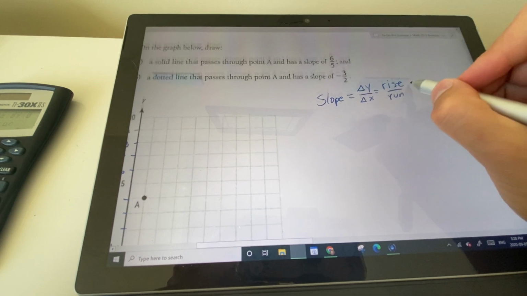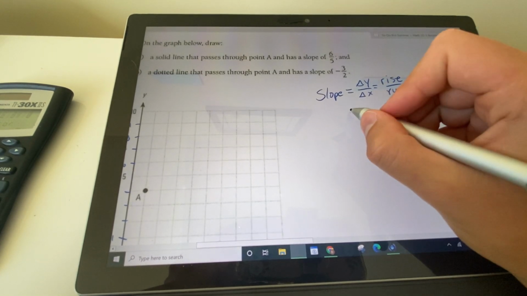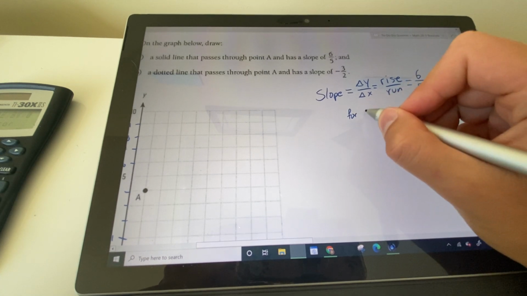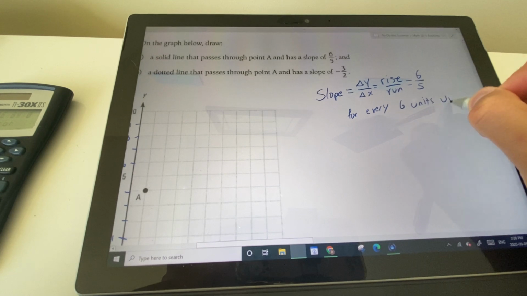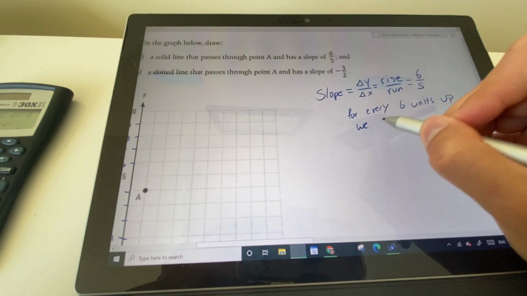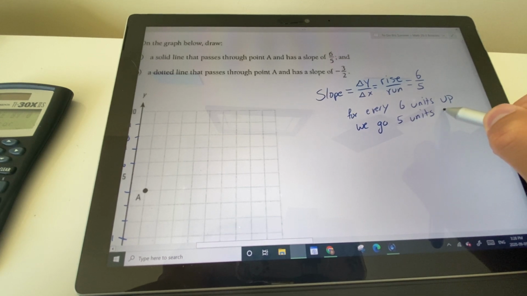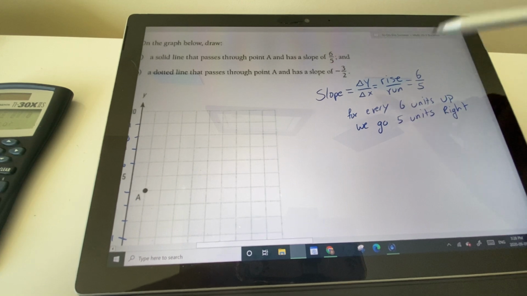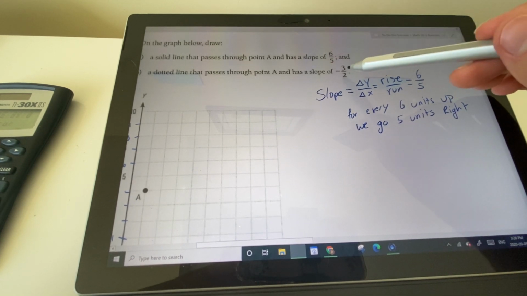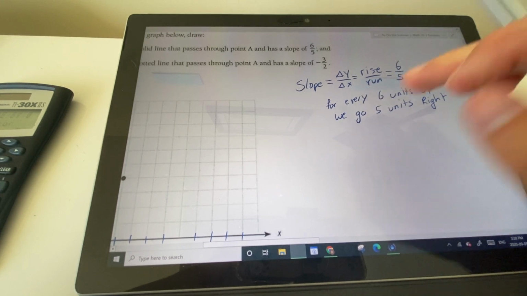So in this case, our rise is 6 and our run is 5. So for every 6 units up, we go 5 units right, okay? Because both of them are positive. If one of them was negative, then it might be 6 units down, and we'll be talking about that here. But for every 6 units up, we go 5 units right.